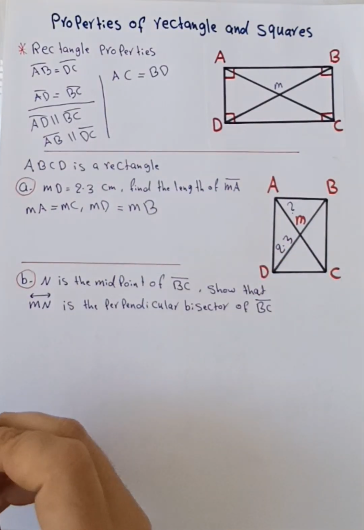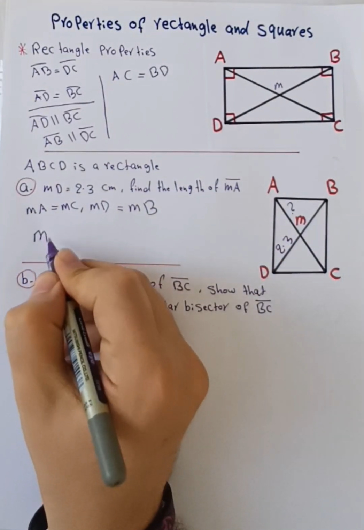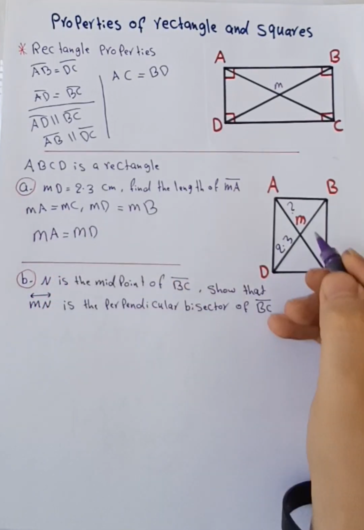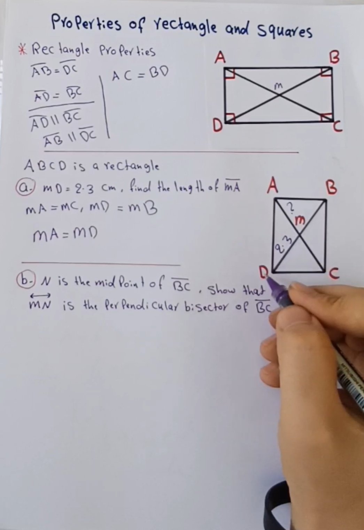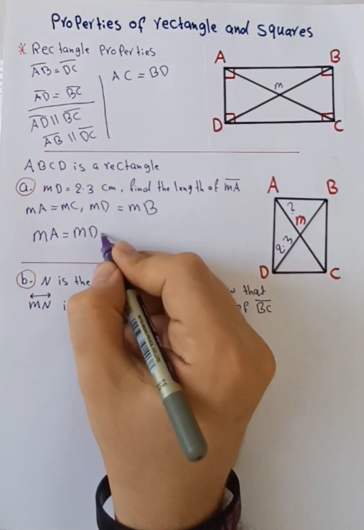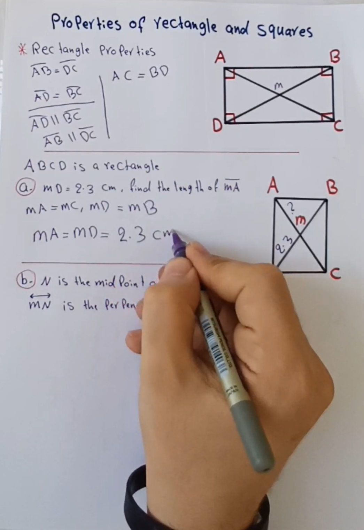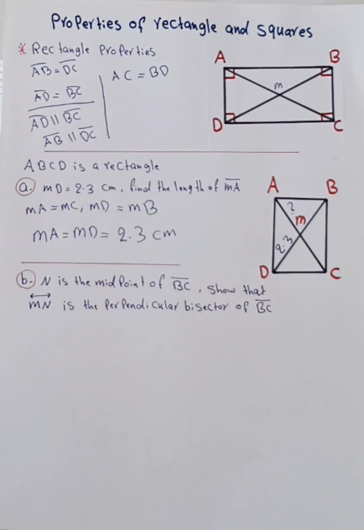So we can say MA equals MD, equal to 2.3 centimeter, because the diagonals bisect each other and the diagonals are congruent.